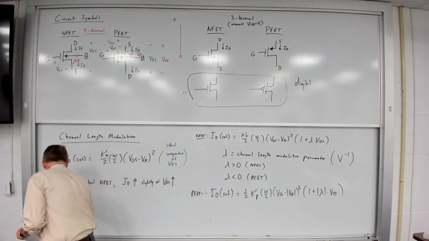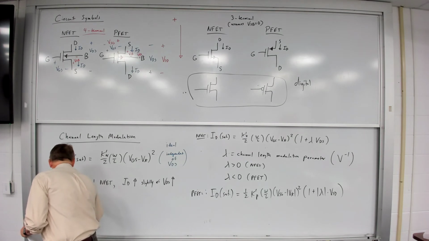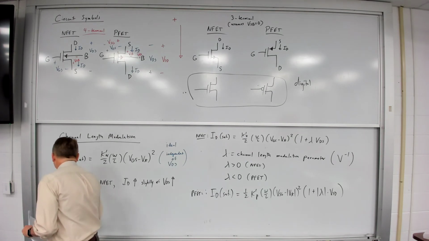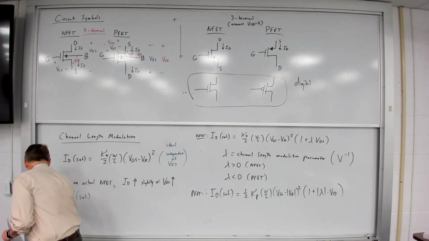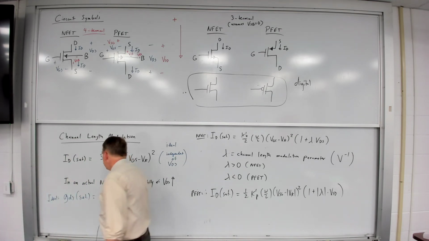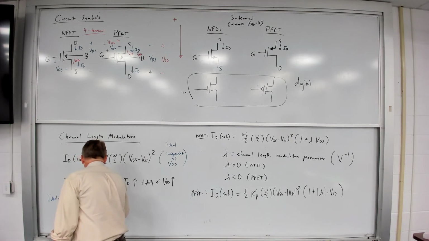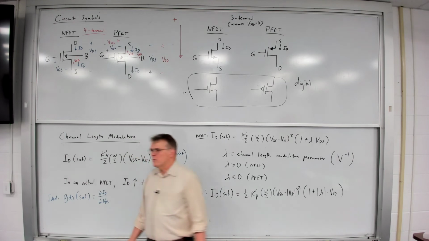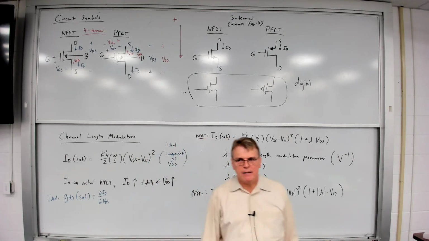Let's consider the conductance between drain and source in saturation for the ideal case. So GDS is the derivative of ID with respect to VDS.